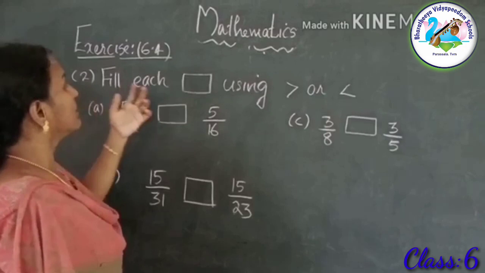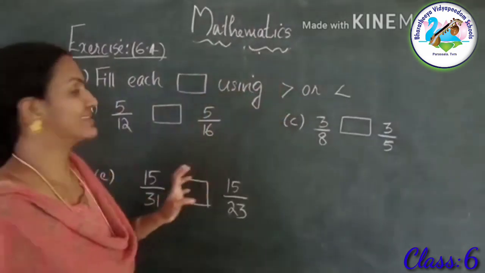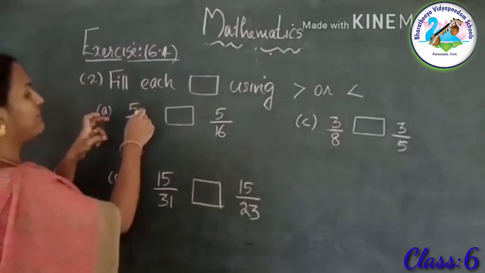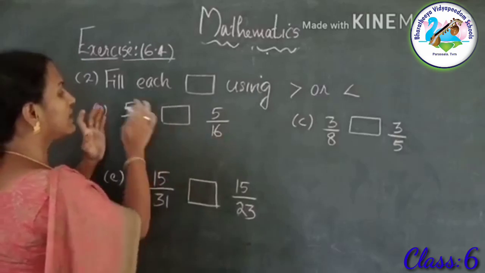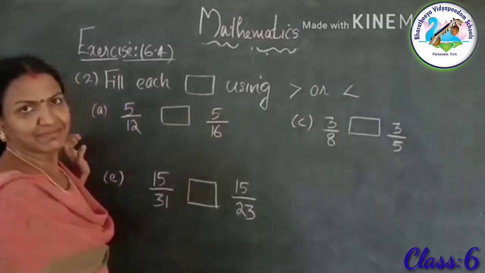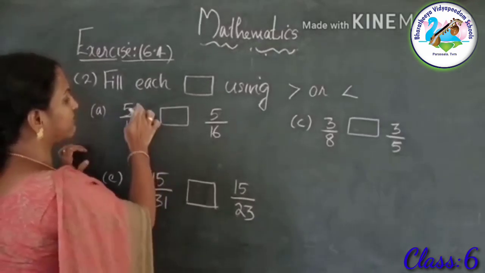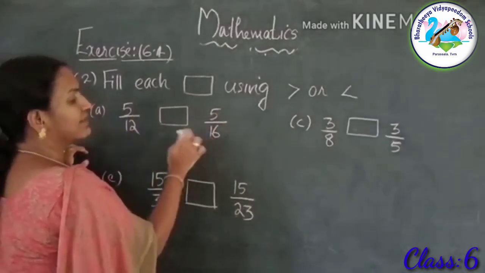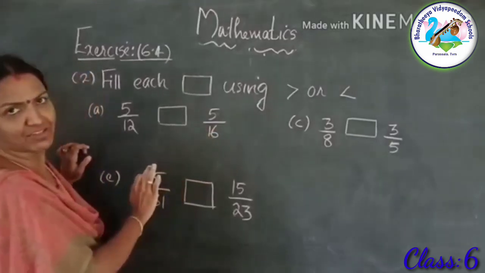Next, question number 2. Fill each box using greater than or less than. Option A, 5 by 12 and 5 by 16. Here the numerators are same. So by comparing 5 by 12 and 5 by 16, the fraction with the greater denominator is the smaller fraction.